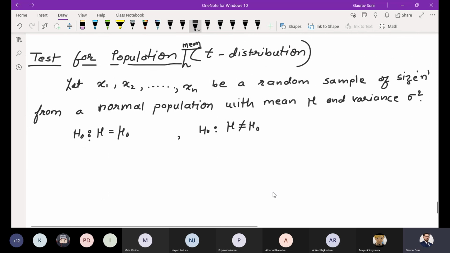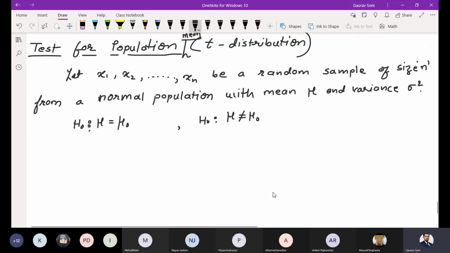So there are two cases in this. In some examples, sigma square will be given to us, and in some examples, sigma square won't be given.